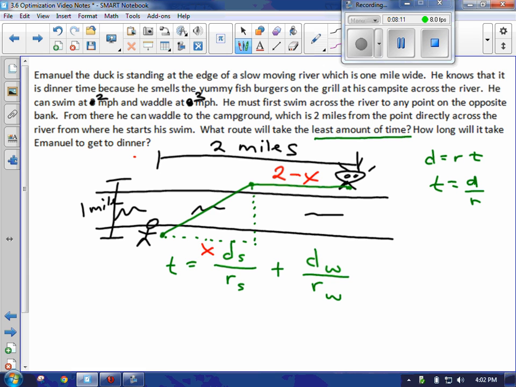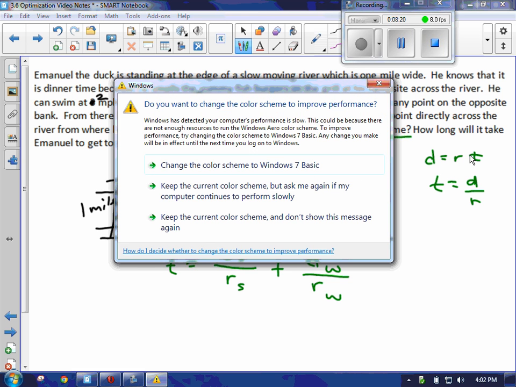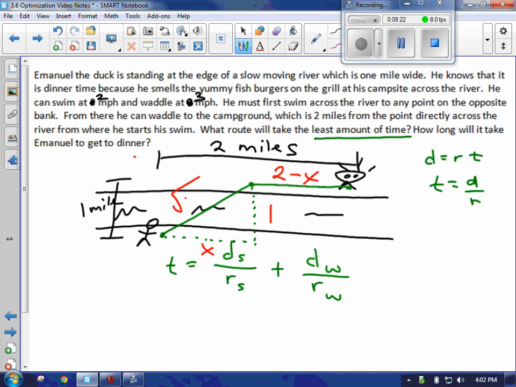This vertical distance that he swims is 1 mile, so with the right triangle, we can figure out the actual distance that he swims using the Pythagorean theorem. So that's going to be the square root of x squared plus 1.